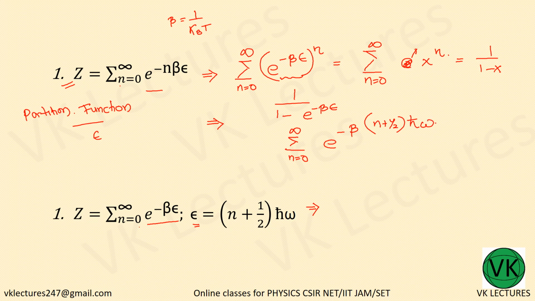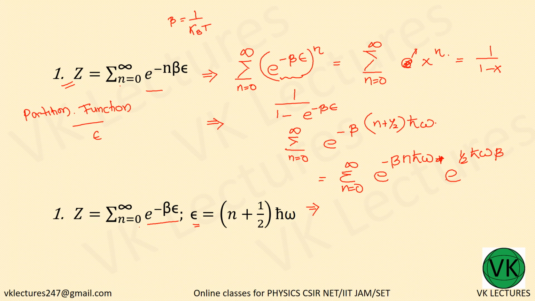Now bring this together. Sum over n equal to 0 to infinity e to the power minus beta n h cross omega, into e to the power minus half beta h cross omega, both terms are included.